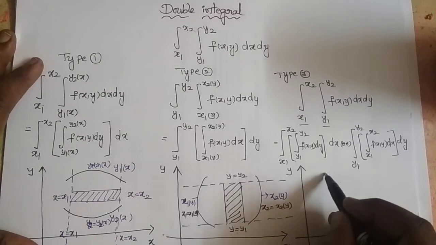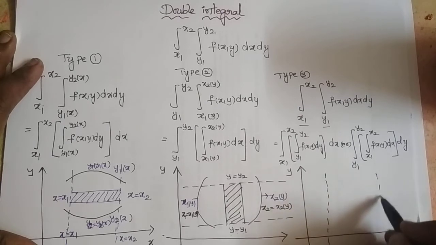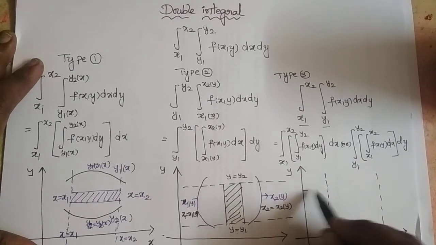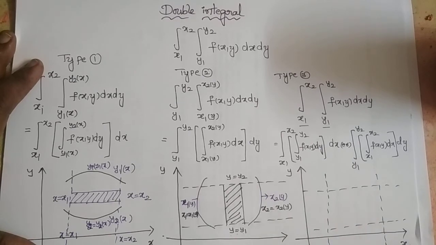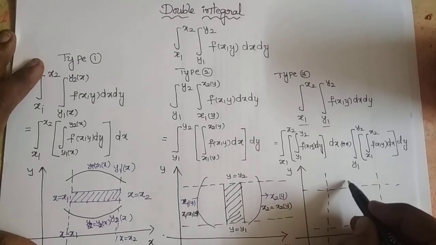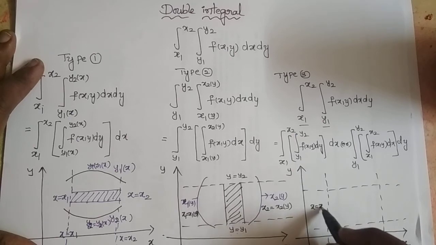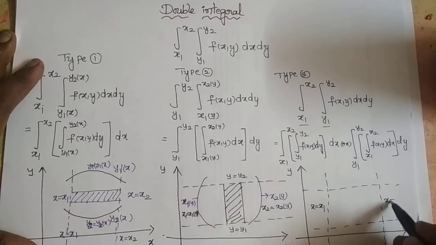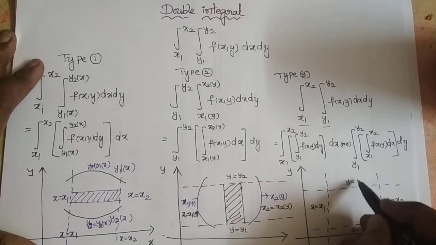For example, this is one boundary line, this is another, this is another, and this is also another boundary line, which represent x is equal to some x1, x is equal to some x2, y is equal to y1, and y is equal to y2.